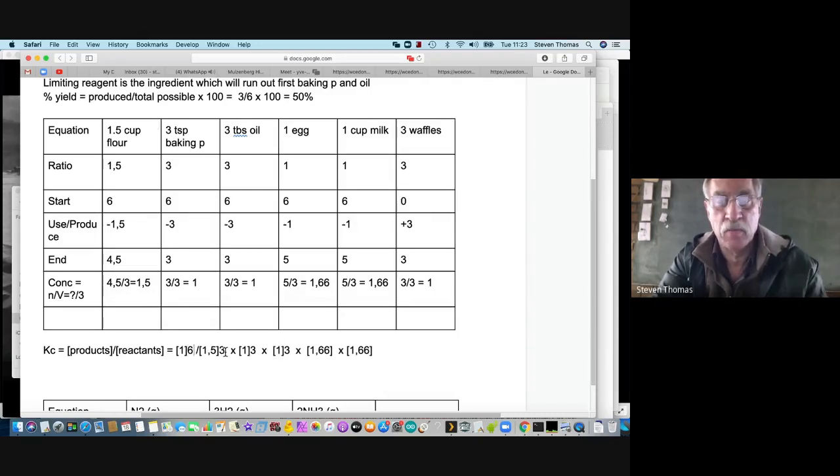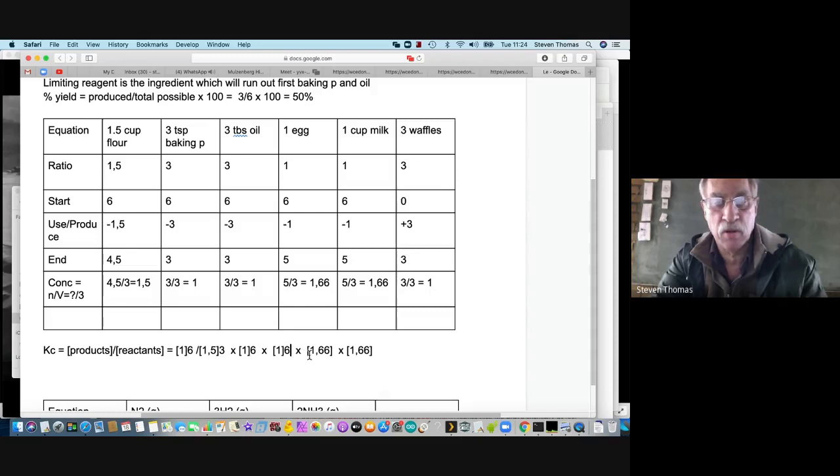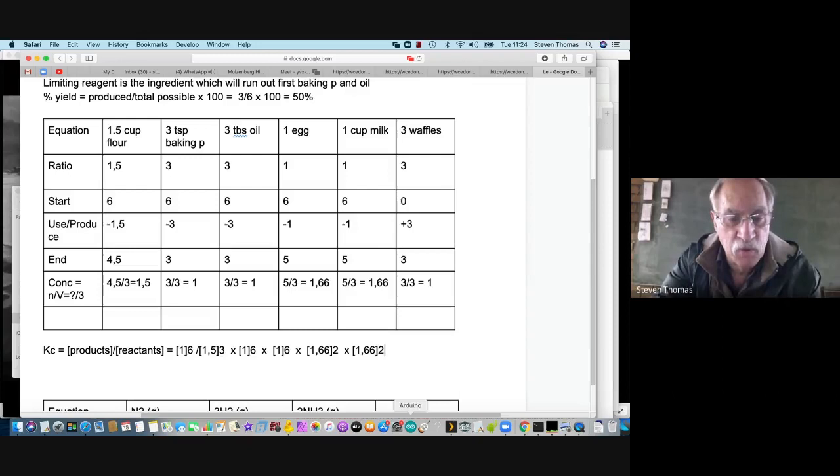That would be to the power of 3. That would be to the power of 6. That would be to the power of 6. And doubling those, that would be to the power of 2, and to the power of 2. That's doubling all the ingredients, and now it's easy enough to work out.